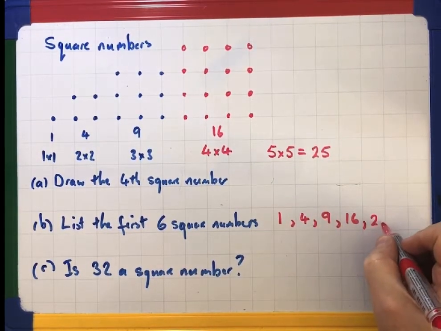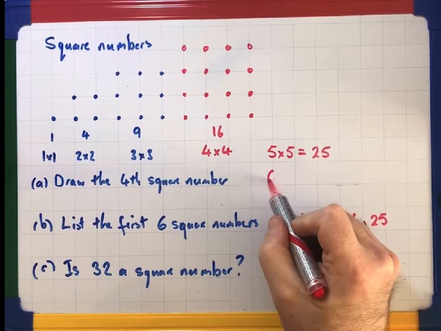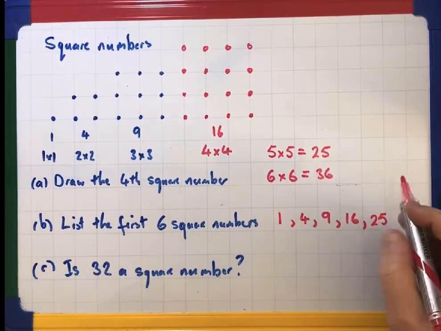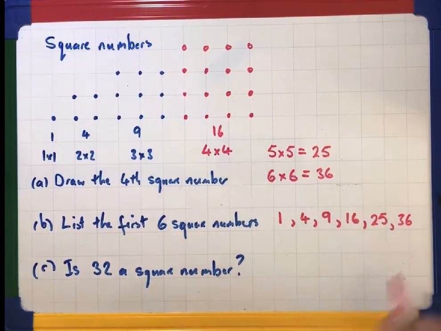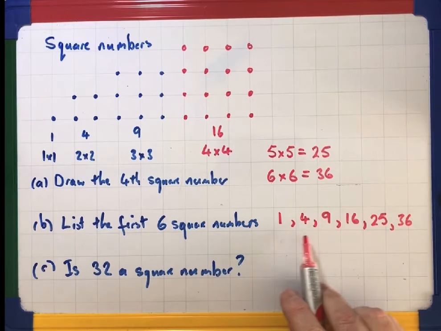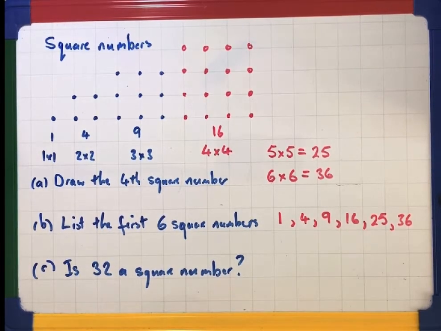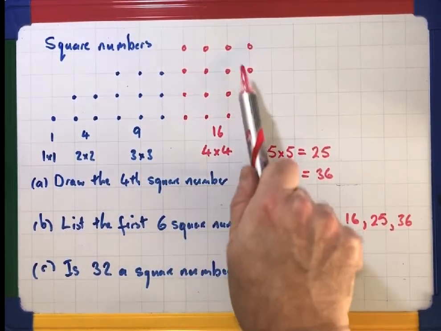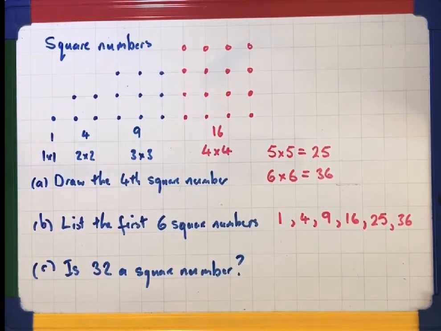So that's the 5th one. And the 6th one would be 6 times 6, which is 36. So that's the 6th one. Okay, so that would be listing the first 6 square numbers. If I want the 7th one, it's 7 times 7, and so on. And they're called square numbers, as I said, because if you did them as dots, it makes a square.